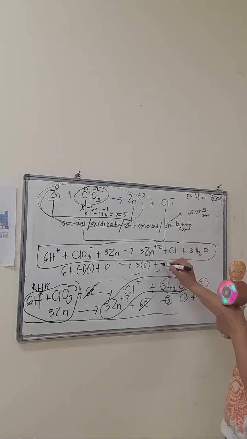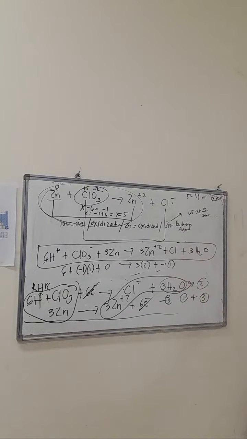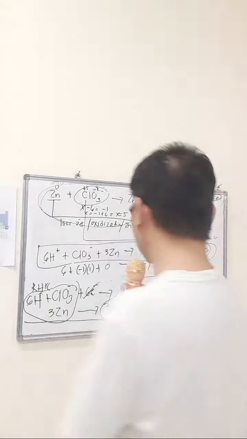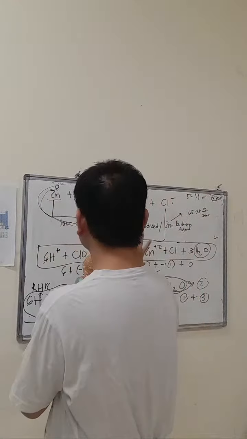Why 1? Because nothing is the same as 1 in chemistry. Now for the water. Water is a neutral compound. The charge is 0. 0 times 3 is equal to 0. Now take note of the charge. If it is completely balanced, then bingo, this is the correct answer.